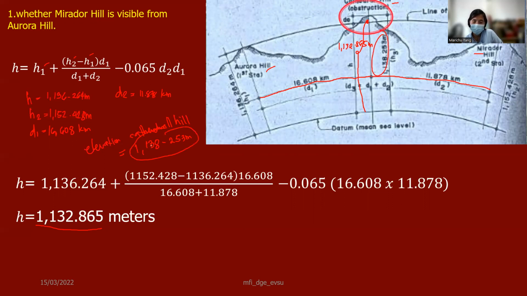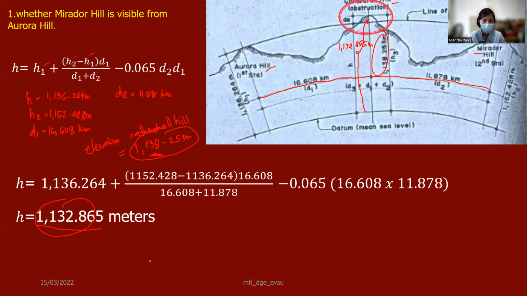Now, if you compare the elevation of the cathedral hill and the computed elevation of the line of sight, mas greater yung elevation ng cathedral hill. Ibig sabihin, mas mataas yung pinaka-point ng obstruction. So which means, naka-obstruct talaga yung ating cathedral hill sa line of sight ng Aurora to Mirador. So if you compare 138 to 132, almost 5 meters.